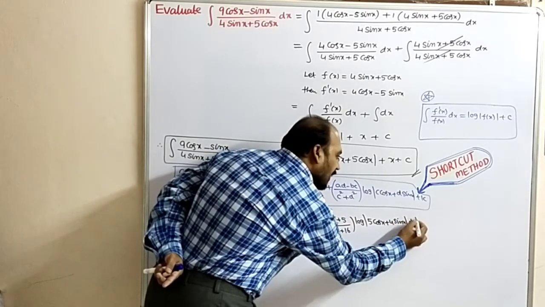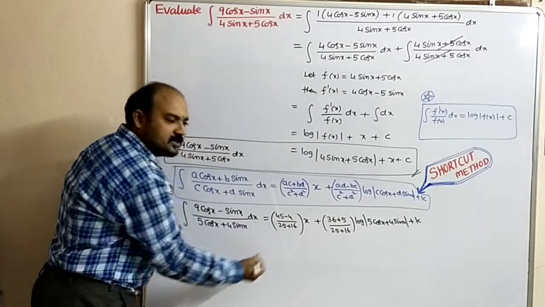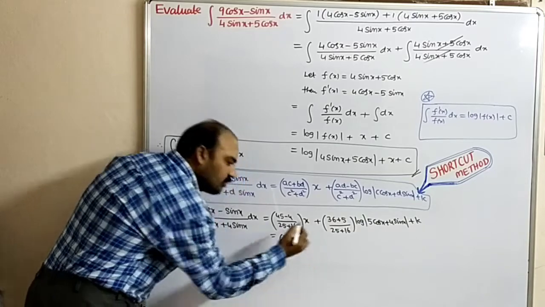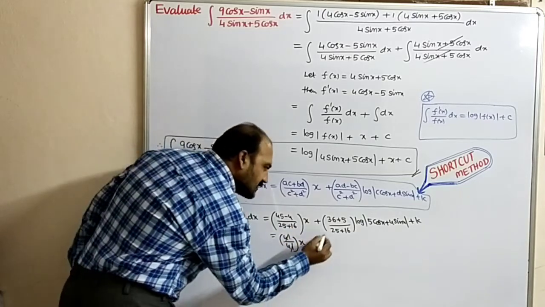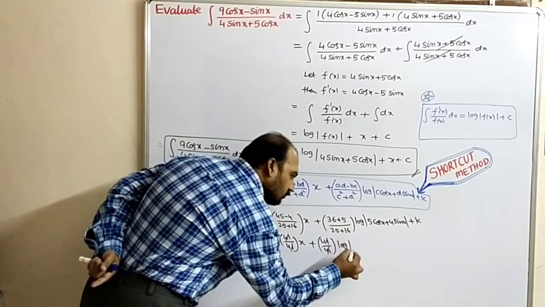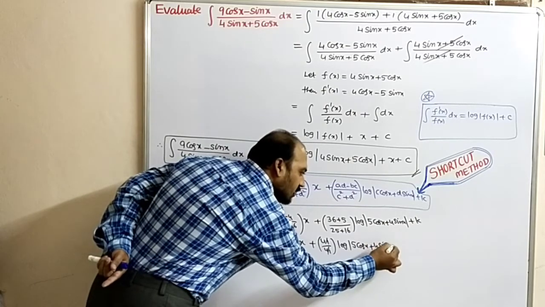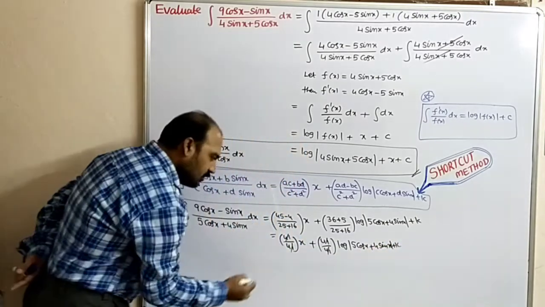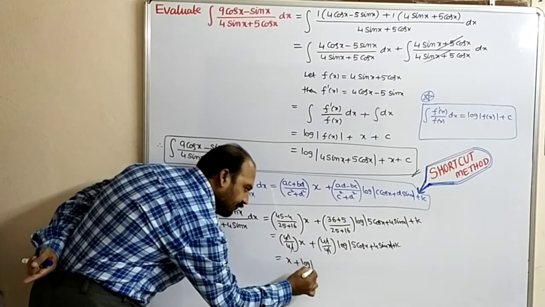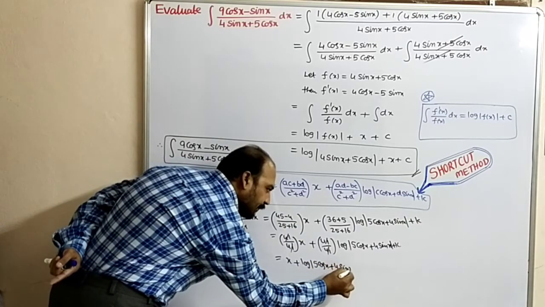After that plus k. 45 minus 4, 41. 25 plus 16, 41. 41 gets cancelled. Plus here also 41 by 41. Log mod 5 cos x plus 4 sin x plus k. Therefore we can write it as x plus log mod 5 cos x plus 4 sin x plus k.